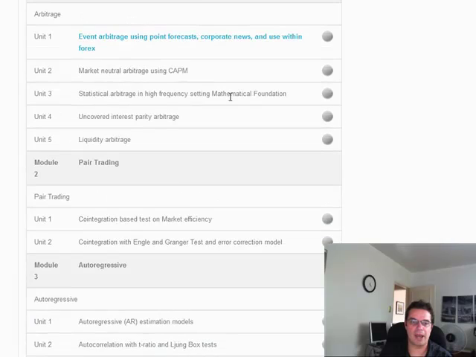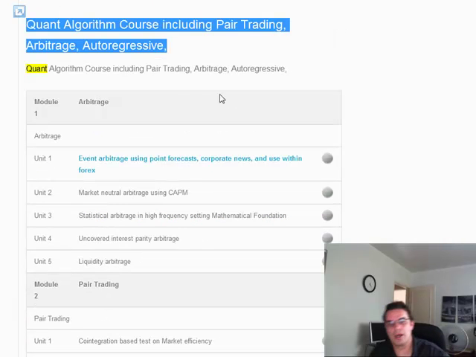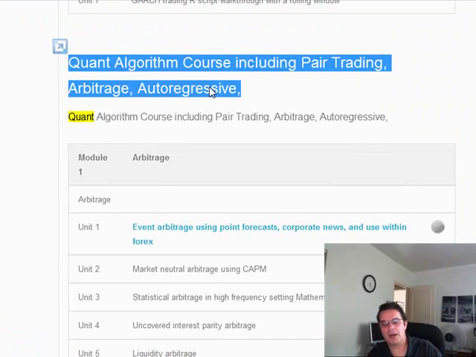Just to give you a back story on how these courses came about, I looked at a very popular manual book on high frequency trading, and it had a couple hundred algorithms in it, like actual equations in scientific notation.